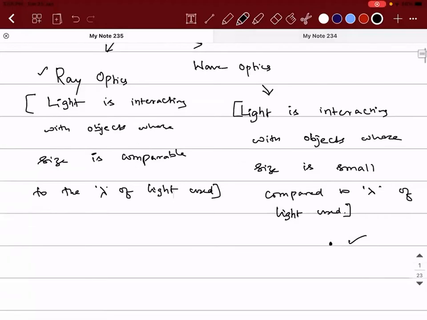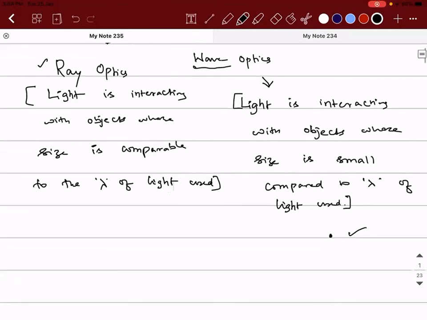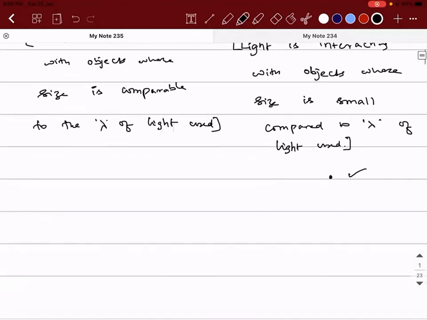Now, I am going to explain you a small story of why this wave nature of light actually came into existence. There were certain theories which were proposed in the early stage itself, but since they didn't have proofs at that point of time, it took some time for the proofs to come out. Now listen to this.